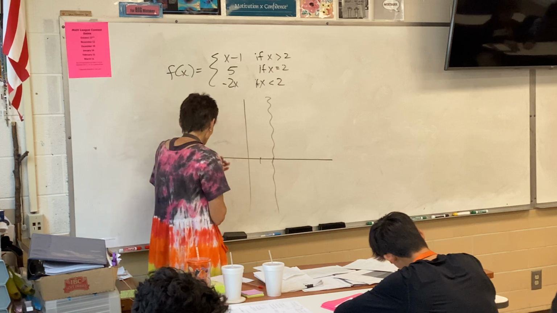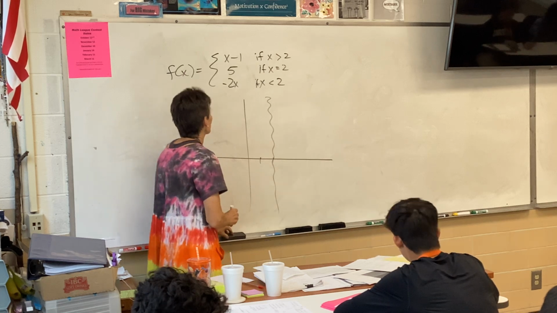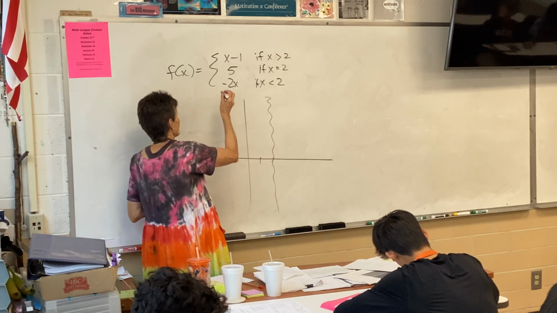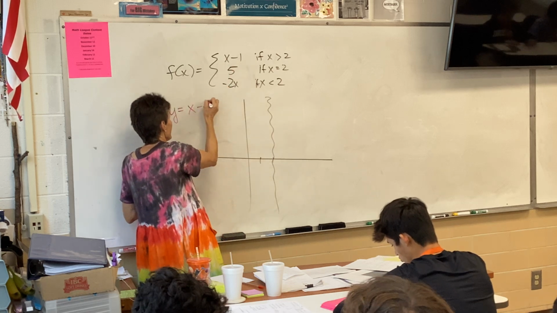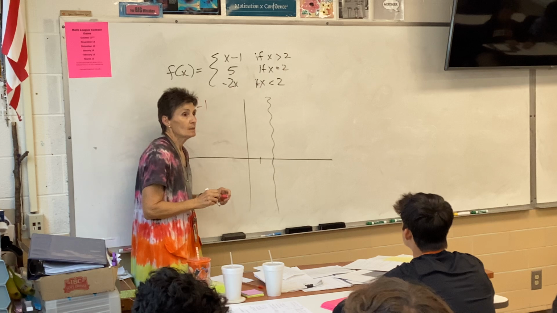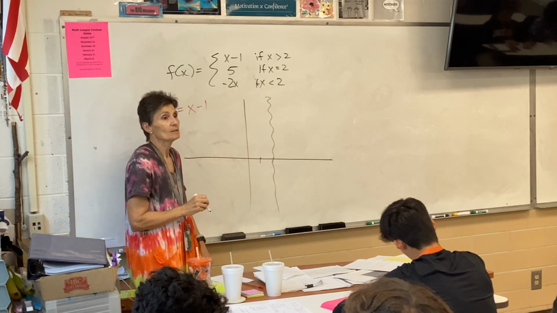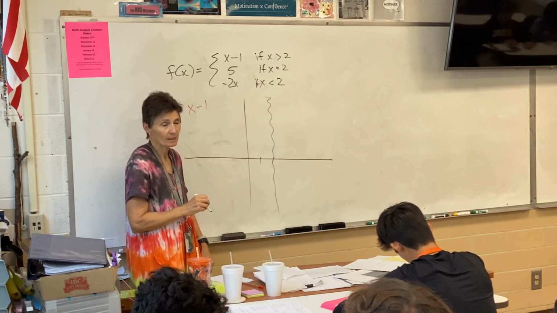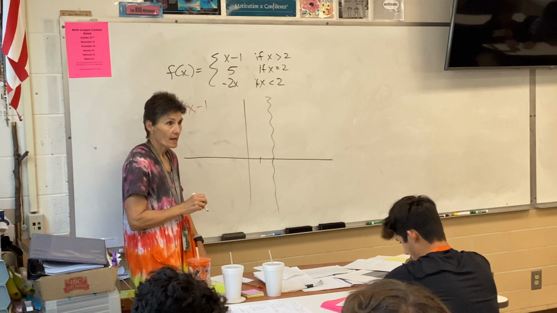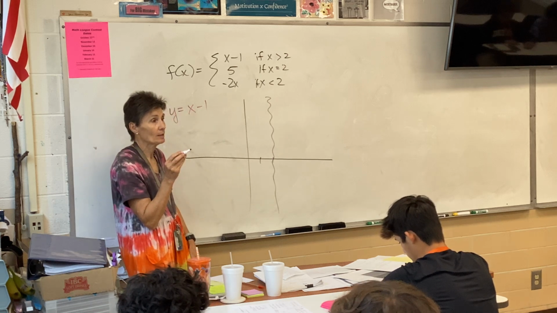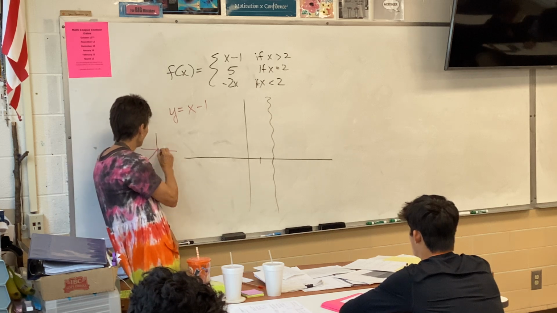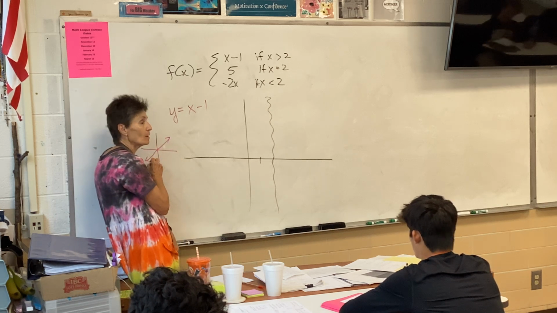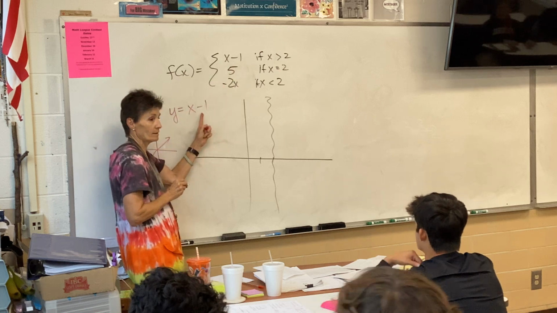Now, with my pink marker, I'm going to graph the top line, which is y equals x minus 1. Tell me what shape I am graphing. It's a line. And the linear function, or the identity that you memorized, was this, right? What's happened to this one?